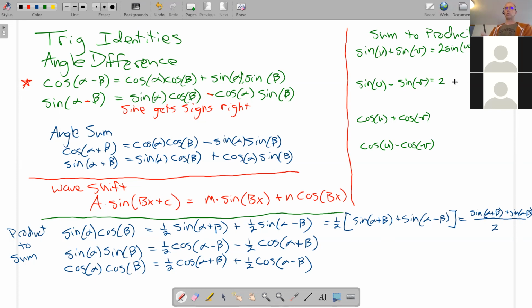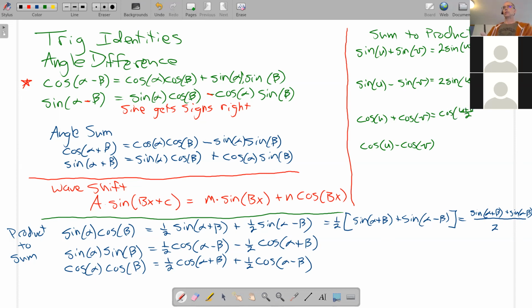There are 2 I think you should memorize here, and I'll highlight those in a sec. This one is the sine of u minus v over 2 times the cosine of u plus v over 2. And the over 2 is inside of the sine function. Order of operations matters. This one is cosine u plus v over 2.